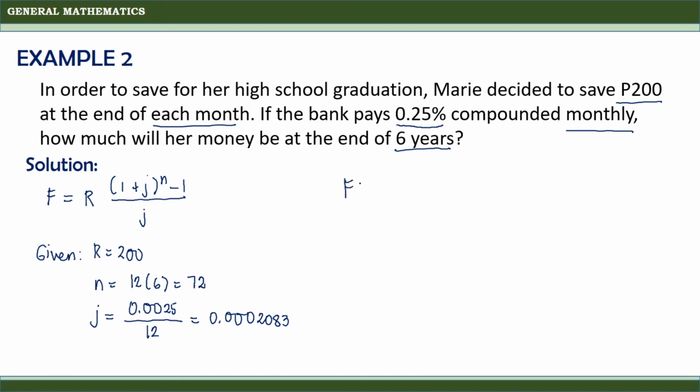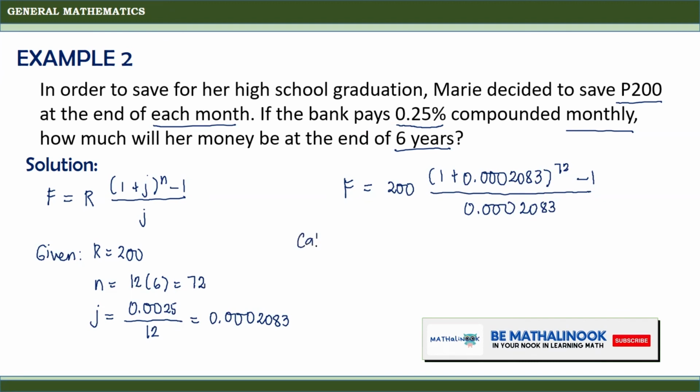So we're gonna have F is equal to 200 times 1 plus 0.0002083 raised to 72 minus 1 all over 0.0002083.